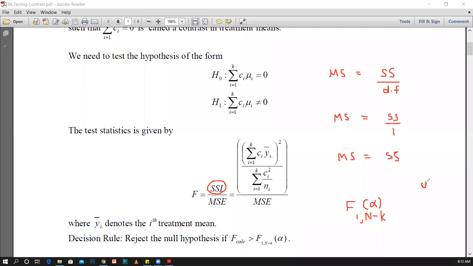Normally we consider the value of alpha equal to 0.05, or the 5% significance level.